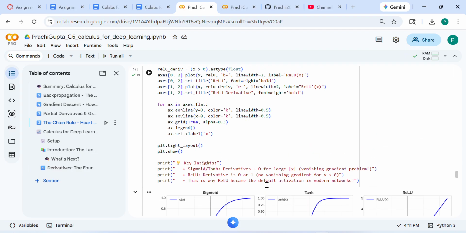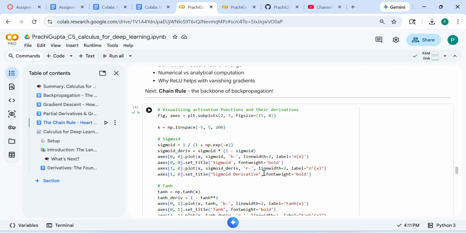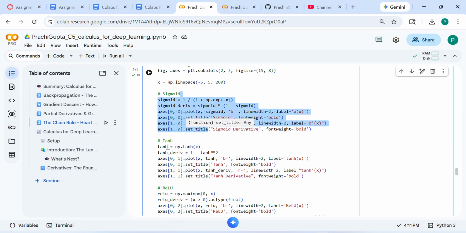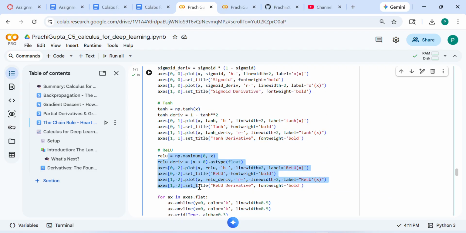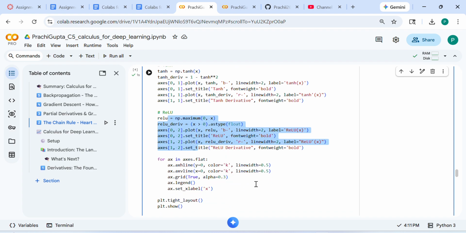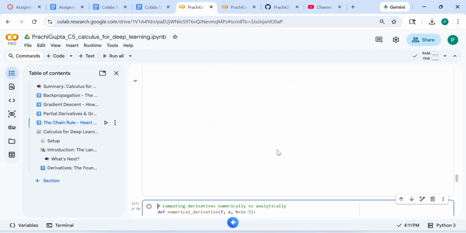Once we have done the derivatives, we will visualize the activation functions and their derivatives. This cell plots activation functions like sigmoid, tanh, and ReLU, and it also plots their derivatives, so their slopes. Let me just run it.